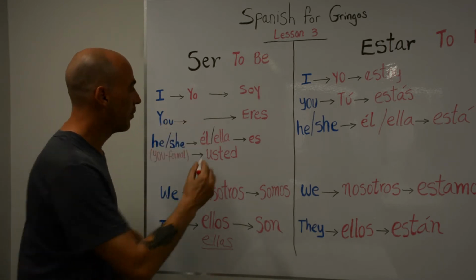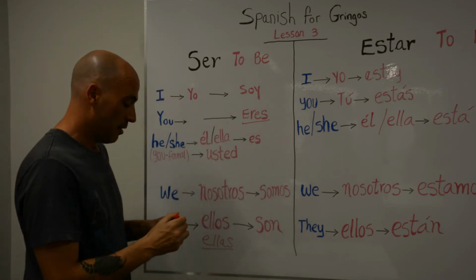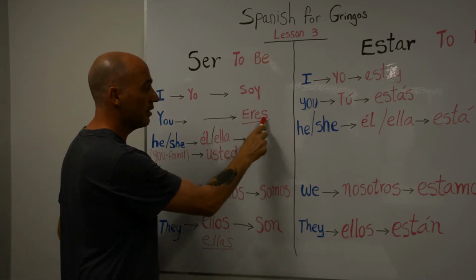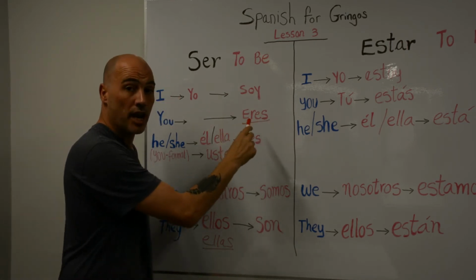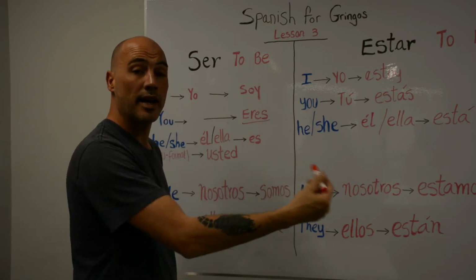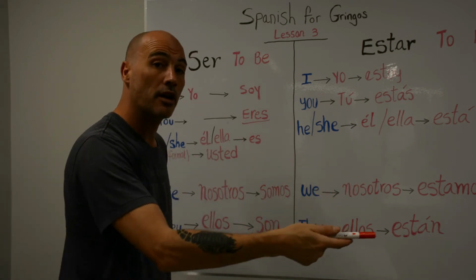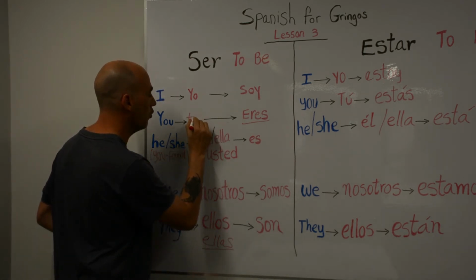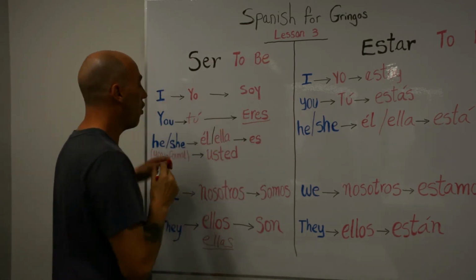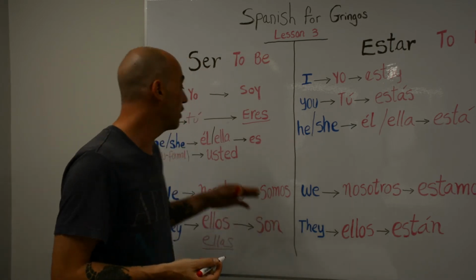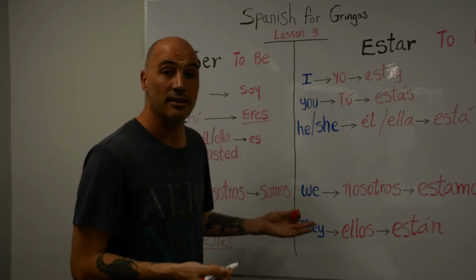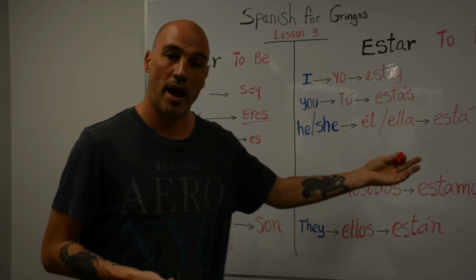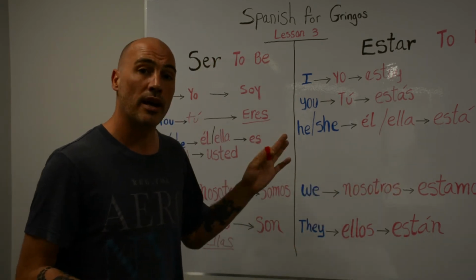You can just say eres, because eres is only conjugated for the other person. I'll call it the second person. I'm the first person, the person I'm talking to is the second person. So you can formally say tú eres, or you can shorthand it, which is done a lot in Spanish. You can just say eres. You can say eres guapo, you're handsome. Or you can say tú eres guapo.